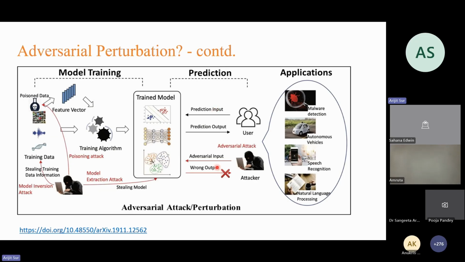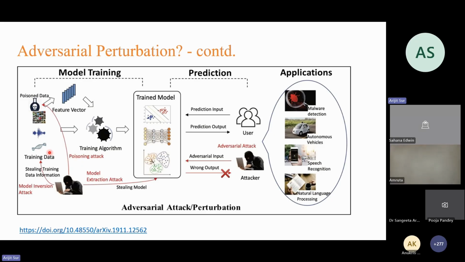So that this model is going to give a wrong output to the users. These are the basic ideas we have already discussed. Now the question is how people are doing this. We are going to try to understand that at least briefly in today's lecture.